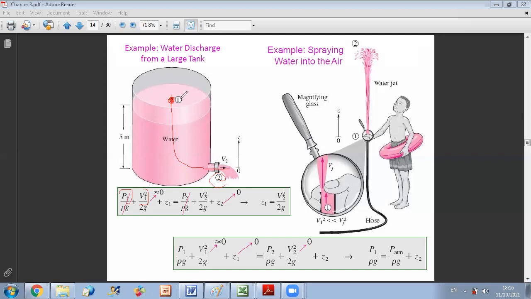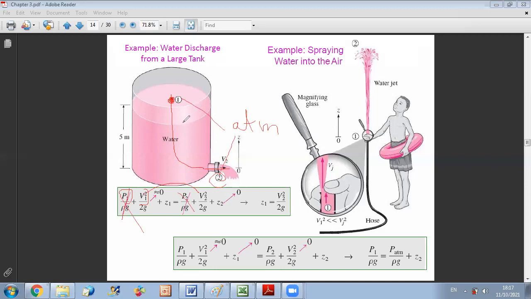First, points 1 and 2 are both exposed to the atmosphere. So I can consider that P1 is equal to P2. This is why I can cancel out these two terms. Now, always when you have two terms, you can see if one is negligible compared to the other. Because if V1, for example, is much smaller than V2, you can neglect it compared to it.